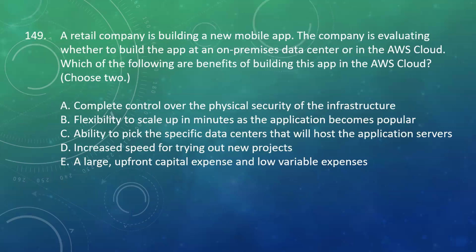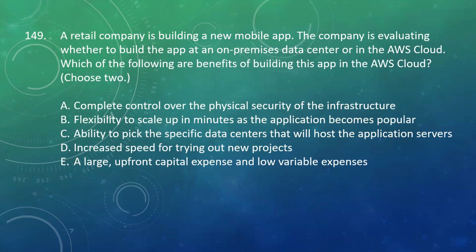A retail company is building a new mobile app. The company is evaluating whether to build the app at an on-premise data center or in the AWS cloud. Which of the following are benefits of building this app in the AWS cloud? You need to choose two options here.